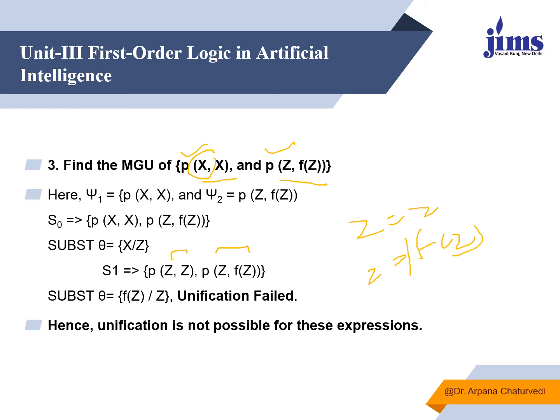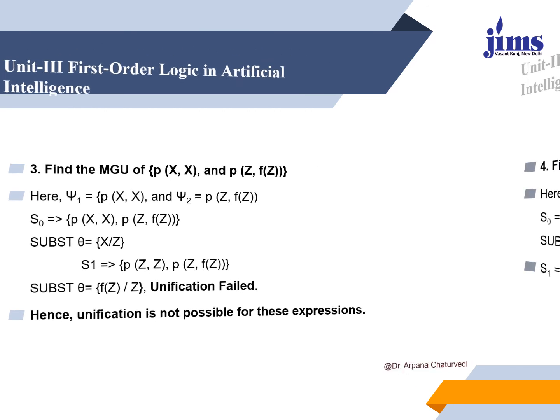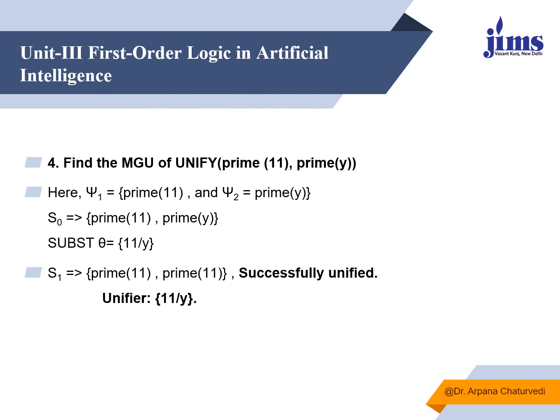No, it is not possible. So this is a given problem where unification failed. In spite of having the same predicate and the same number of arguments, the arguments are similar to each other in such a way that unification is going to fail.